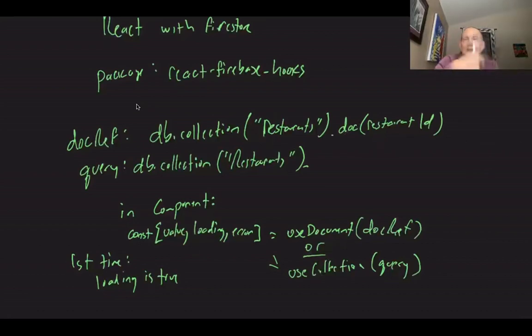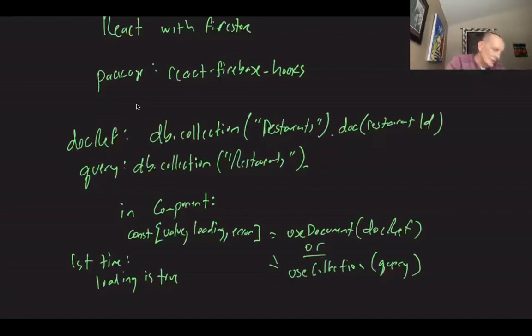So this is asynchronous. The first time you call it, it's going to immediately return loading is true. And then it's going to wait for the loading to finish. It's going to wait for the network communication to work and come back with either the document or the snapshot for the collection. At that point, it re-renders, and your component gets called again.